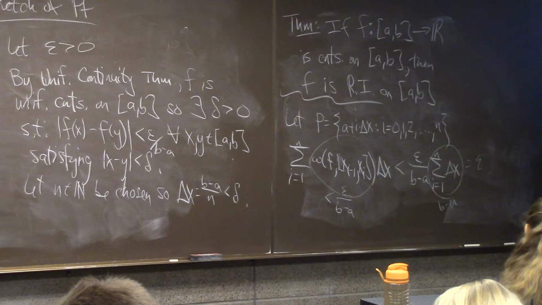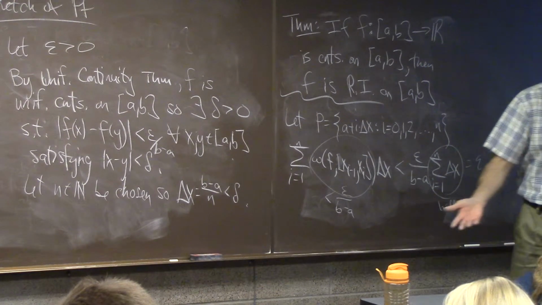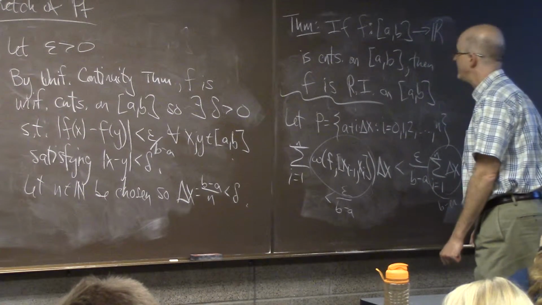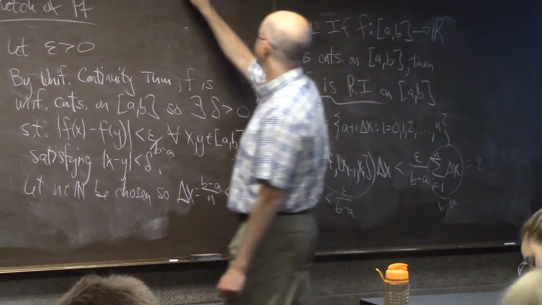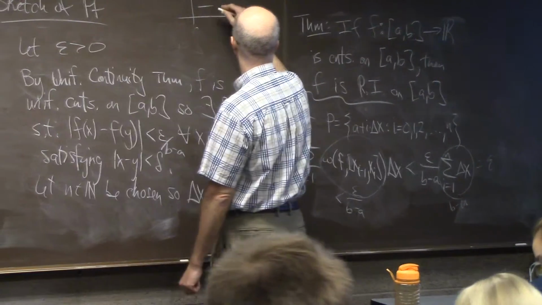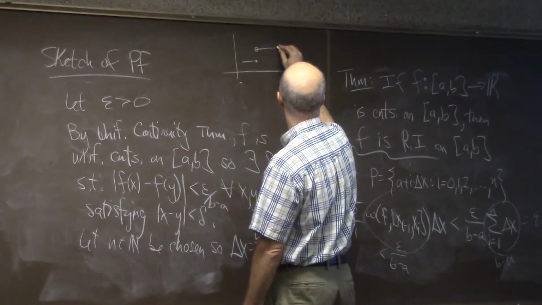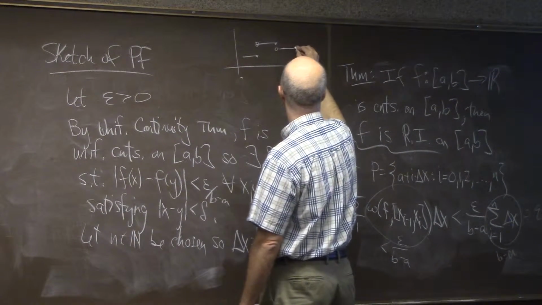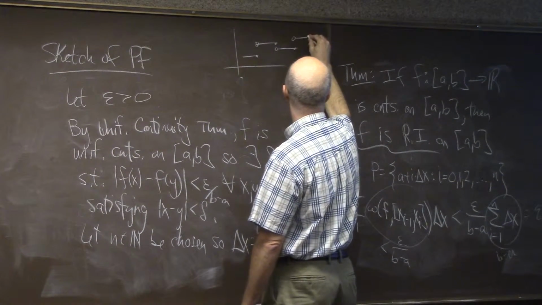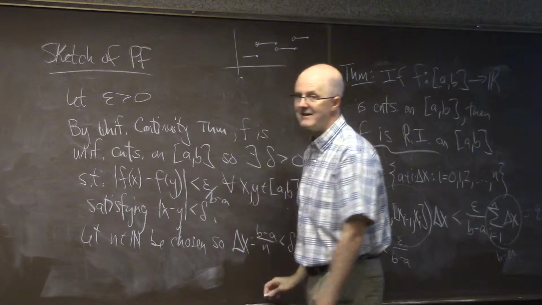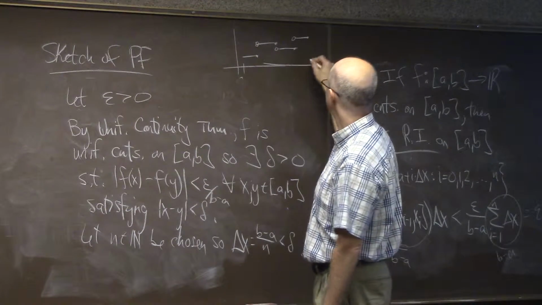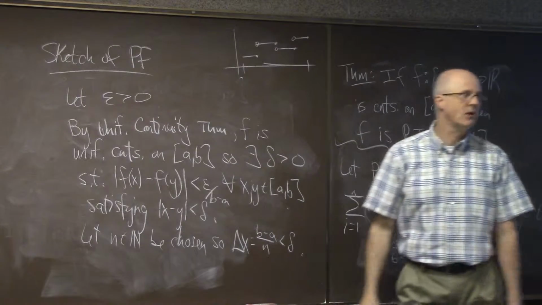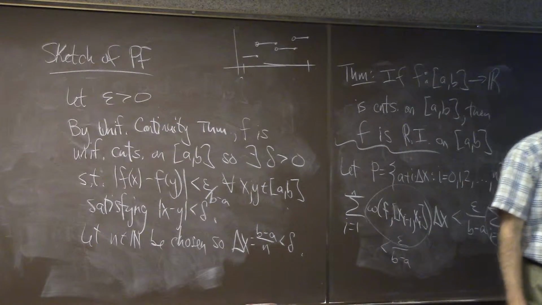And there are other functions that are neither continuous nor monotone that are Riemann integrable. For example, piecewise constant functions, even with more than 2 pieces, say with a finite number of pieces to them, over some interval, neither continuous nor monotone, but definitely Riemann integrable.